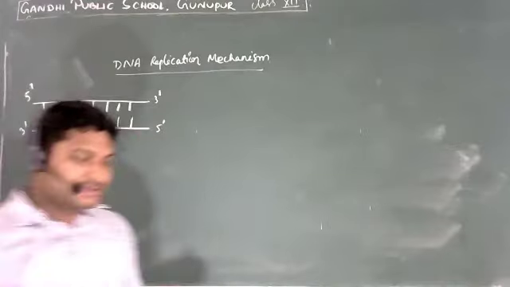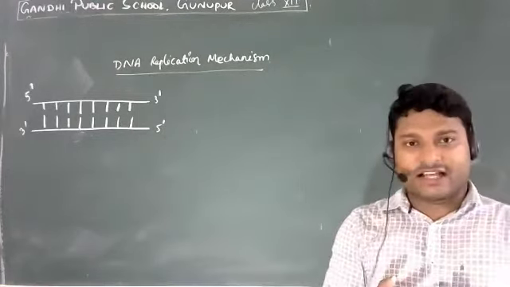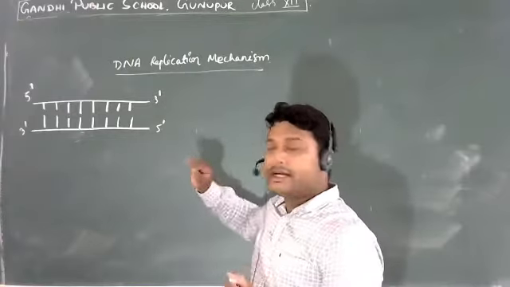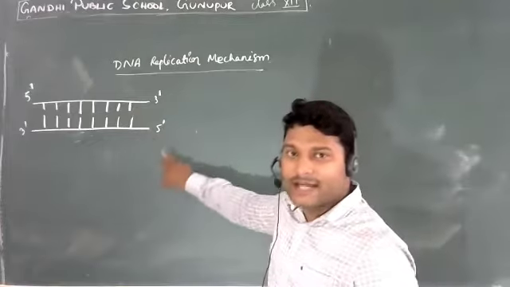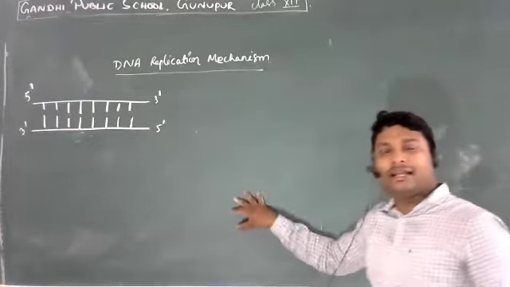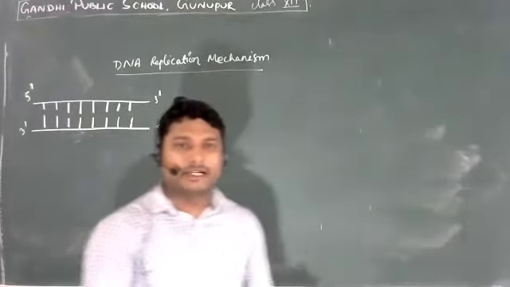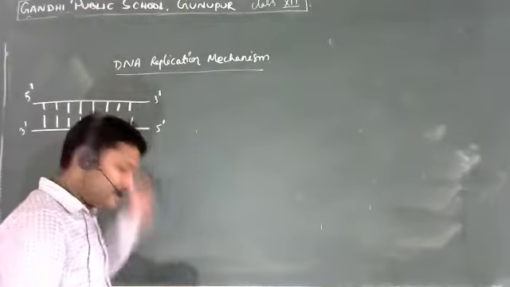When we have to make copies of the DNA, we first have to open it up. Why do we need to open it up? Because DNA by itself cannot be accessed by the enzymes or DNA replication machineries. To enable the replication machineries to work, we need to open this structure.